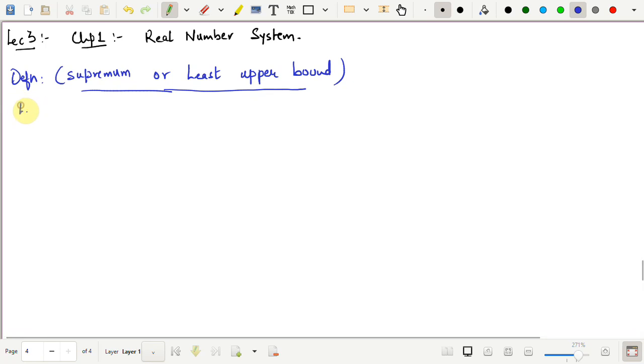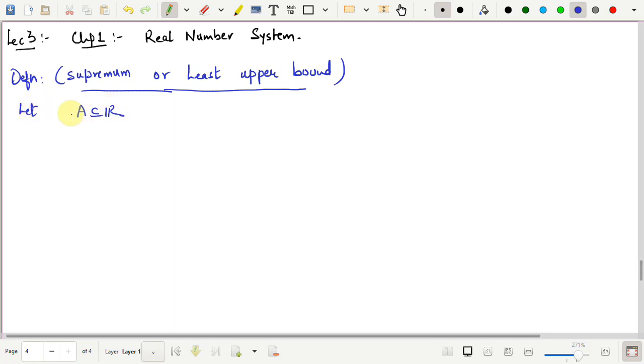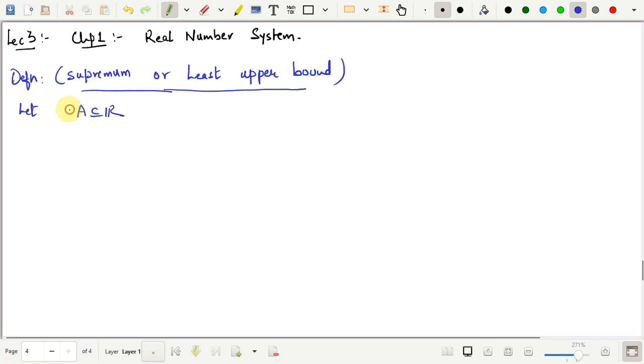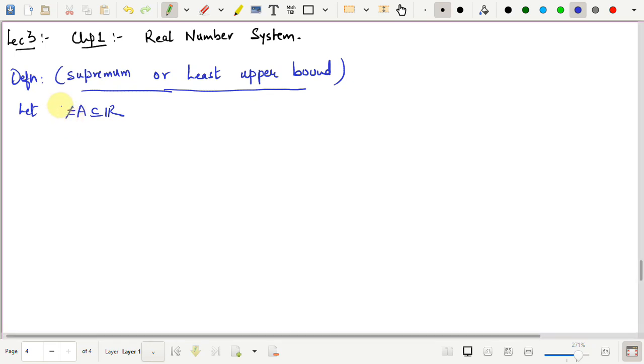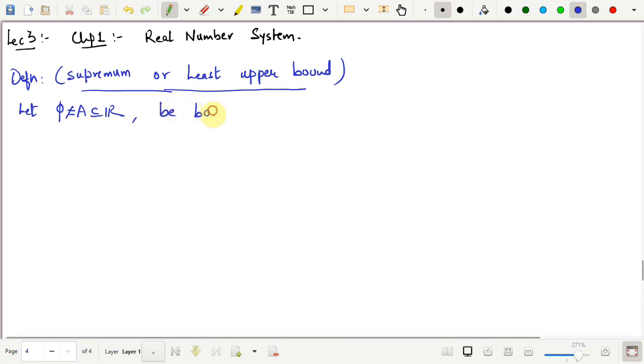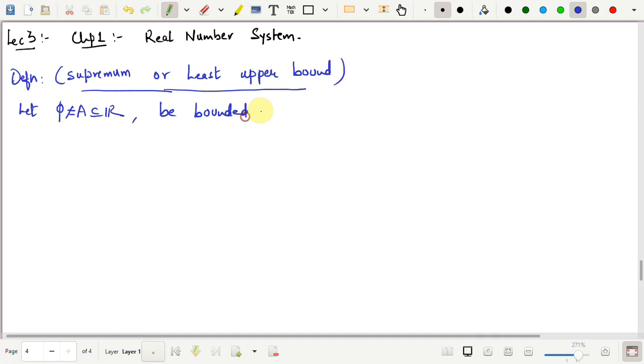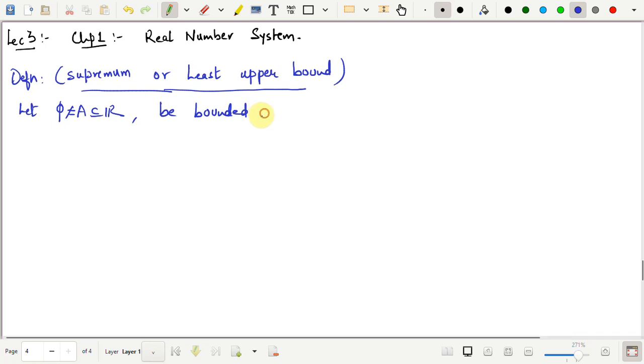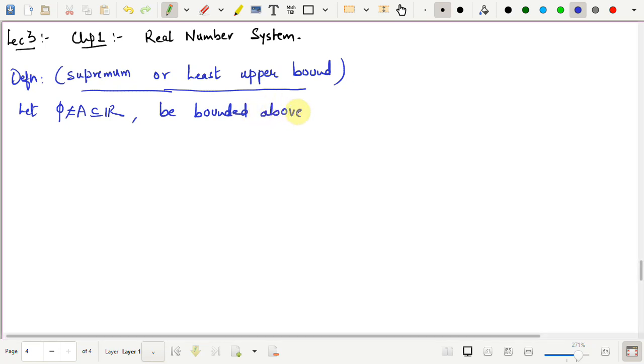So let A be a subset of R. Again we are talking about this term in R. So we have a subset of R which is bounded above. That is a necessary condition to define the supremum of a set.